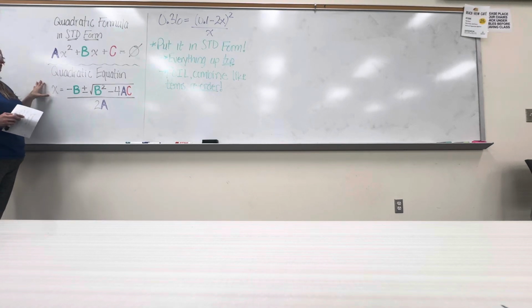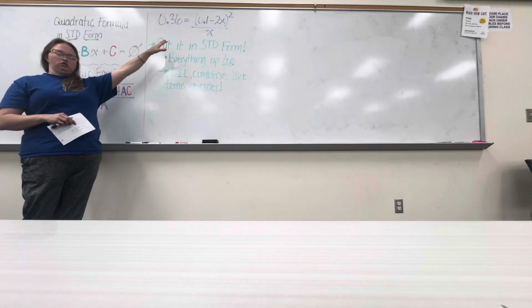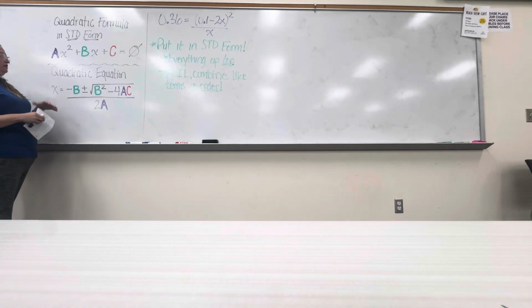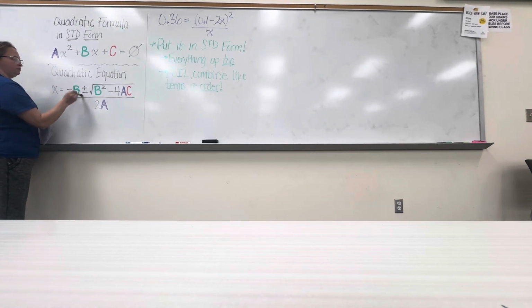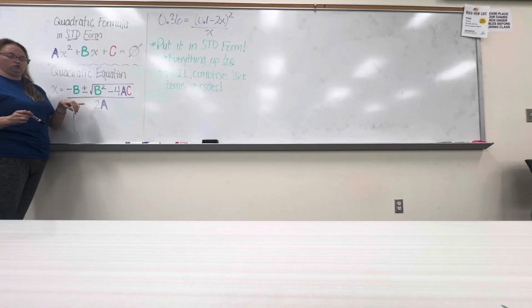Quadratic equation. This is how you find your roots, or the values of x for which your equation will hold true. Okay, there's a double operator, plus or minus here. This means you're going to have to run this equation twice.